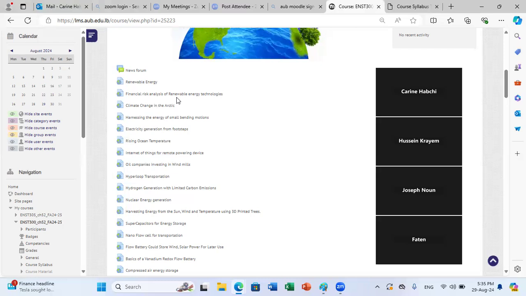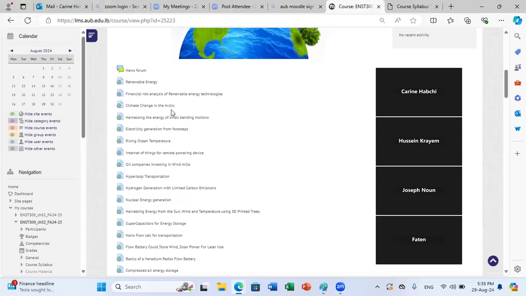So we did a lot of incentives in research and development in order to reduce the cost of these panels and enhance their efficiency to make them competitive in the market. And we'll see together that this helped a lot into having a very fast growth of this technology. So all of these issues can be discussed in a project related to the financial risk analysis of different renewable energy technologies.